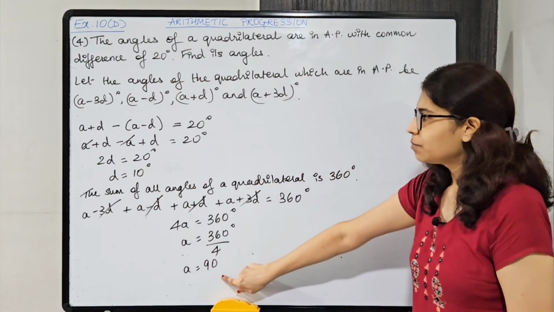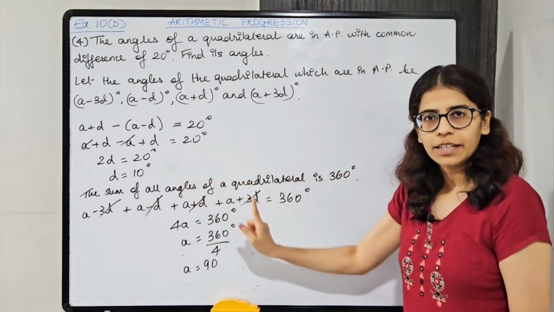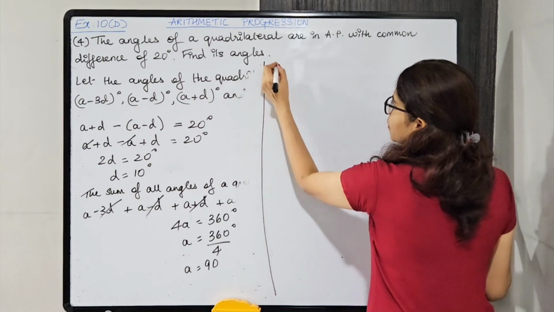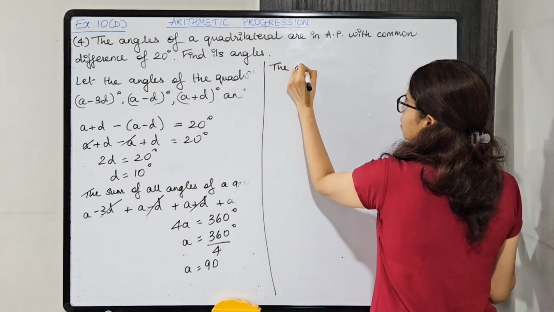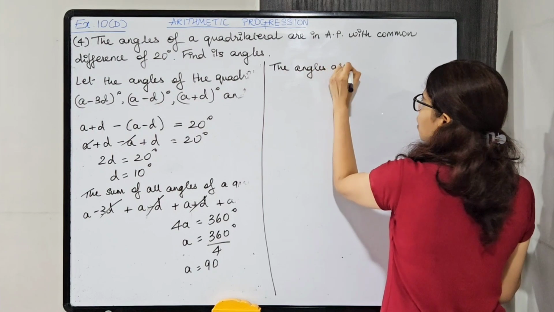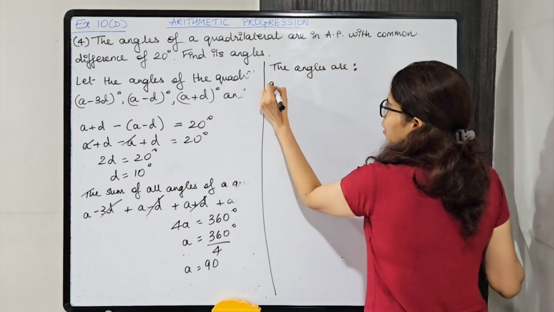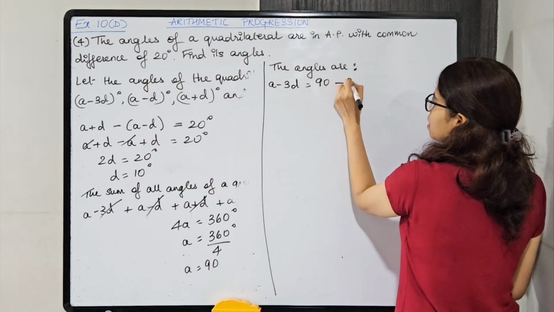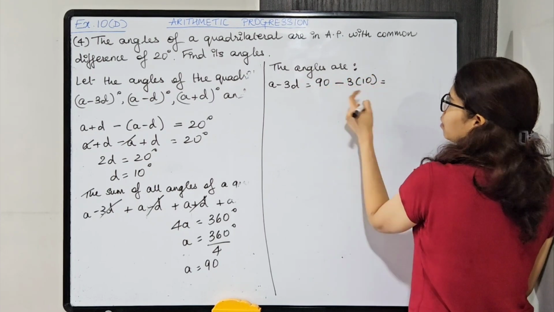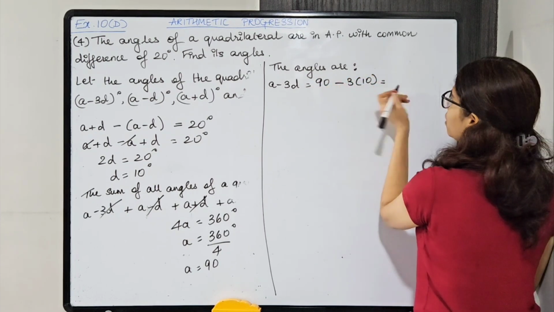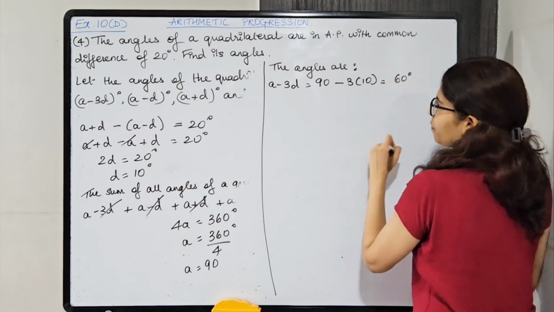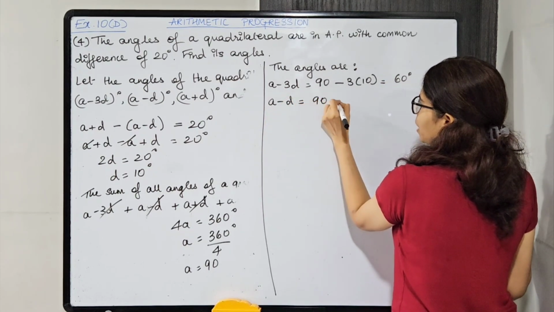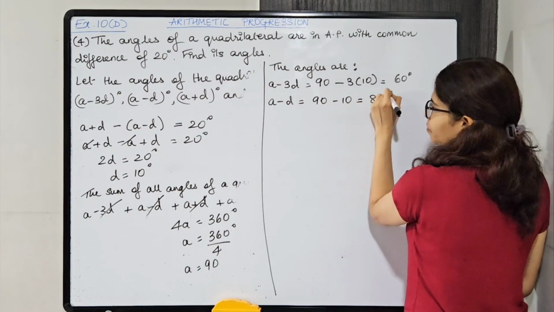A 90 मिला, D का value पता है. Let us find out the 4 angles of the quadrilateral. So the angles are A minus 3D, that will be 90 minus 3 into 10. So 90 minus 30 हो जाएगा, that will be 60. Okay. Next is A minus D, that is 90 minus 10, which gives 80.